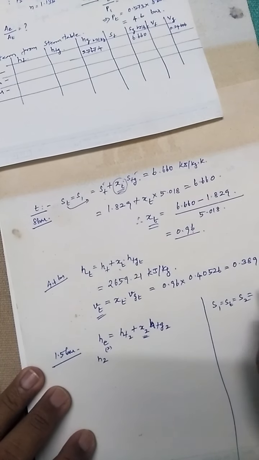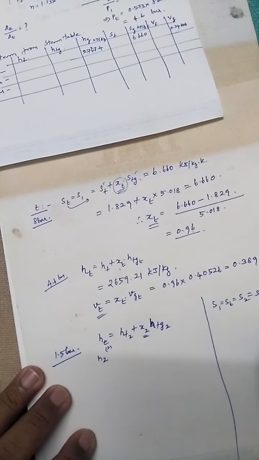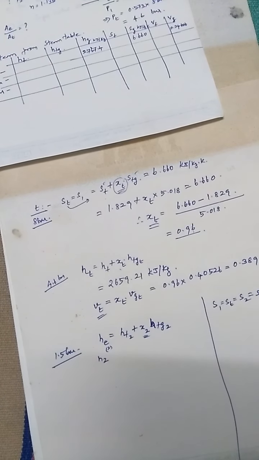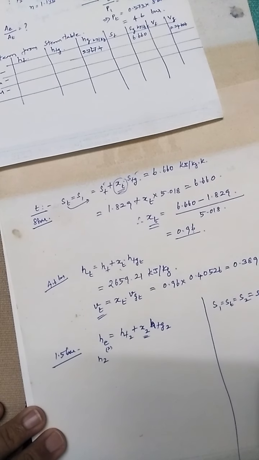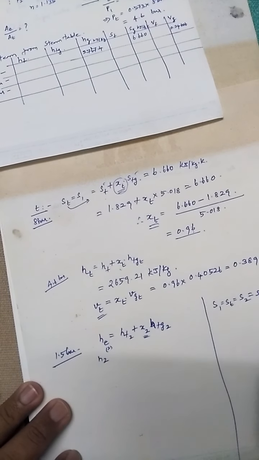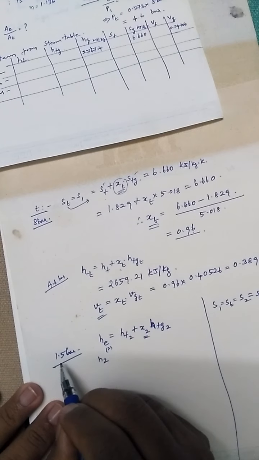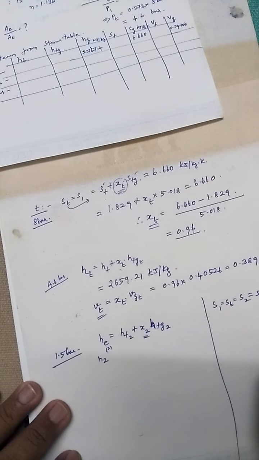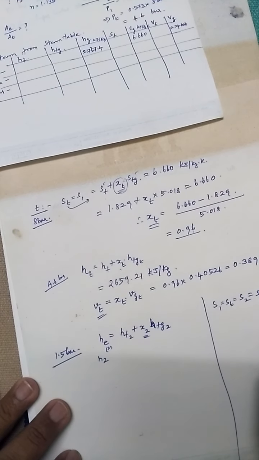So this exit value is nothing but sf2 plus x2 into sfg2. Here the 2 means all the values are at 1.5 bar. So substituting all these values, I am getting x2.